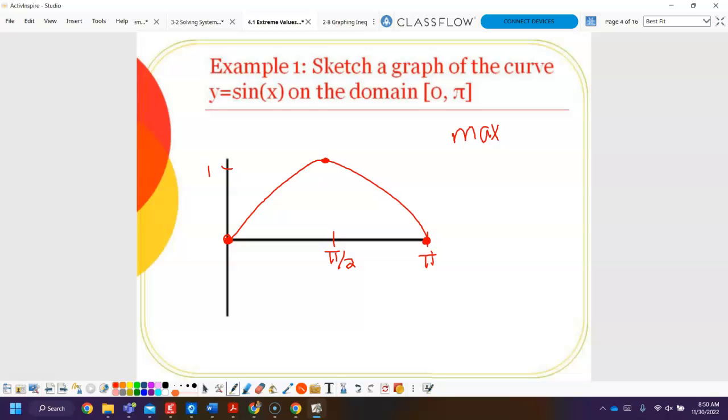Yeah, it has a max. It has a max at pi halves, 1. That max is also an absolute max. There are no values that are ever going to be greater than it.